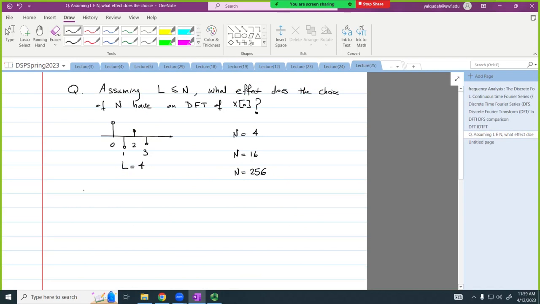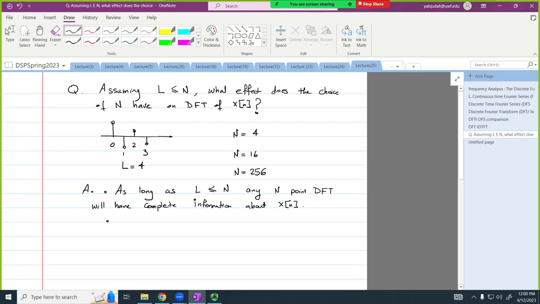So, to answer this question, as long as L is less than or equal to n, any n-point DFT will have complete information about x of n.